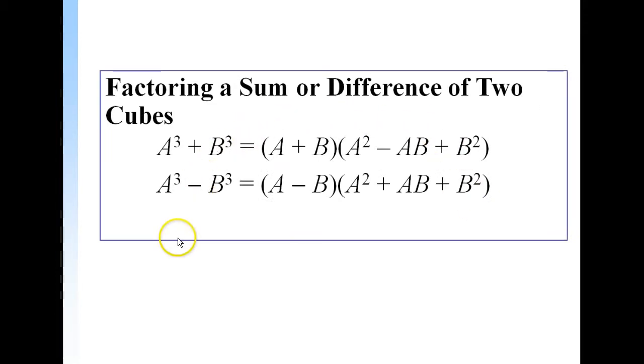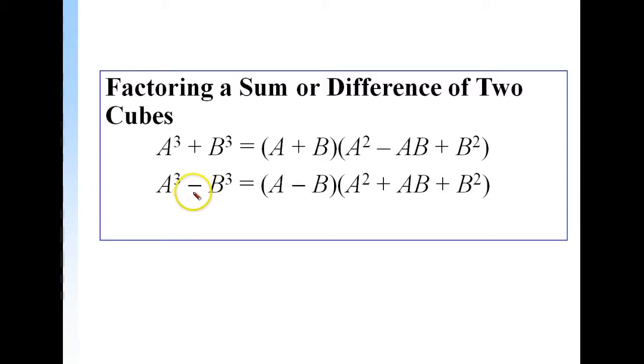And let me go over what they have here. We'll use this as a basic example. So this is a perfect cube, and this is the sum. Perfect cube, this is the difference.